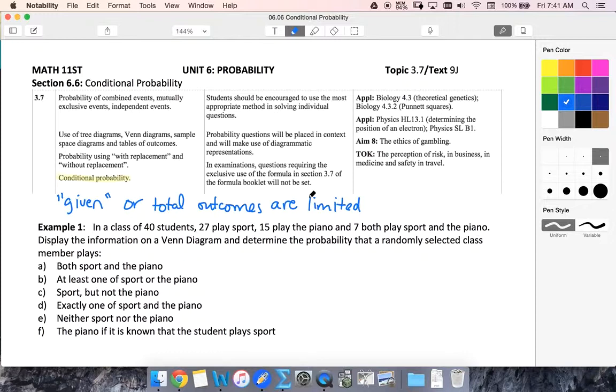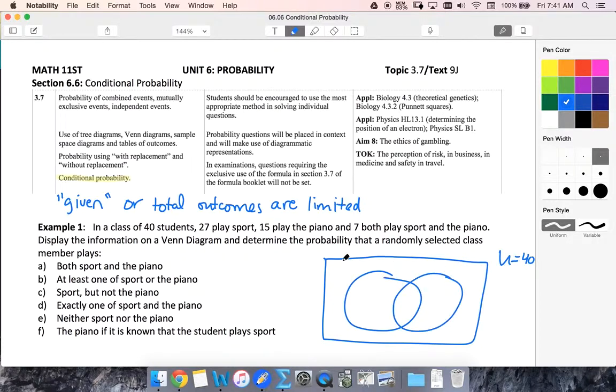So we've got a class of 40 students, 27 play sport, 15 play piano, 7 play sport and the piano. So display the information on a Venn diagram. All right, so I know that I've got a total of 40. So my universe is 40. I have sports, piano, 7 play both.